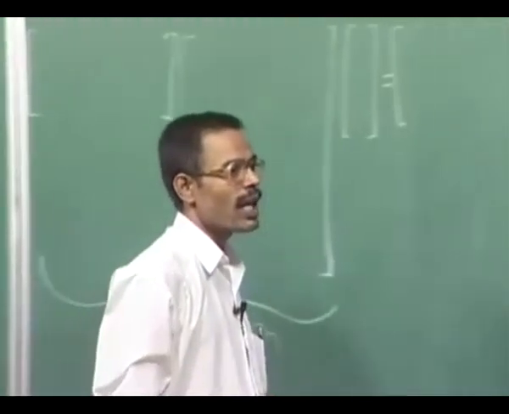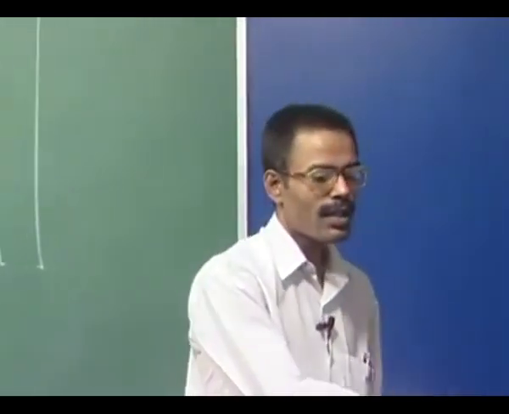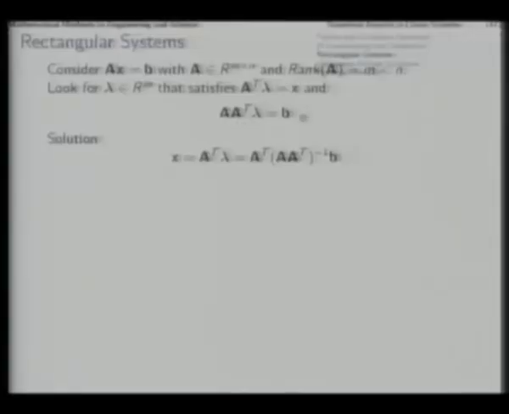So, then we have this system A A transpose lambda equal to b, and rank of A is m. That will mean that this matrix A A transpose is symmetric and non-singular, that is positive definite. And then you can solve this and get lambda, that will be A A transpose inverse b, and that lambda when multiplied with A transpose will give you x.